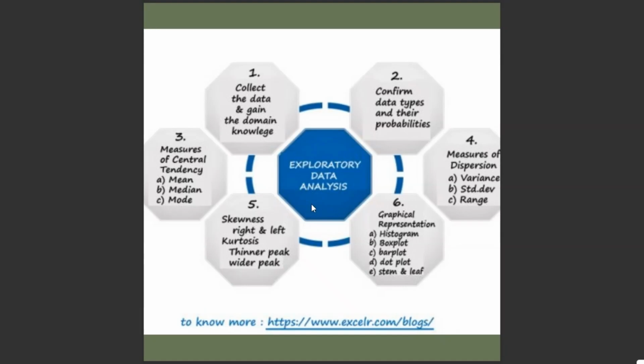Then the skewness, right or left. You know whether the data is skewed to the left or to the right, because there are tools you can also use to make them better and normal. But we need to know where the problems are coming from in order to effect such correction. We also look at kurtosis: whether the peak is very thin or very wide. We should be able to determine that under this process.